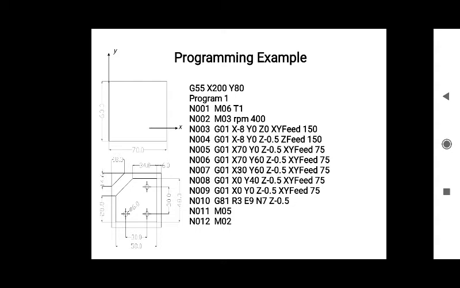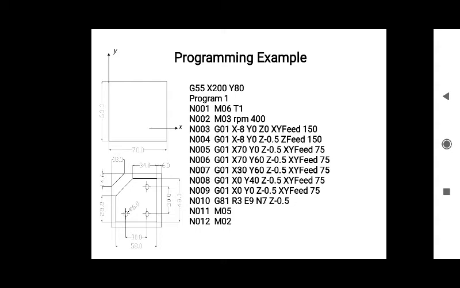Let us see it one by one. The first line, G55 X200 Y80, is the work coordinate offset. Below that, program one is the program identification number.